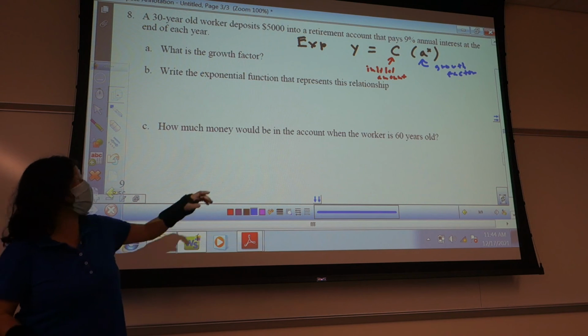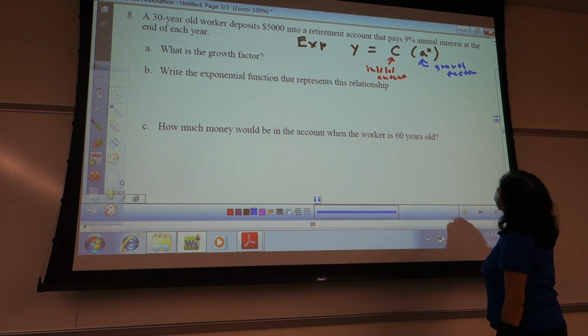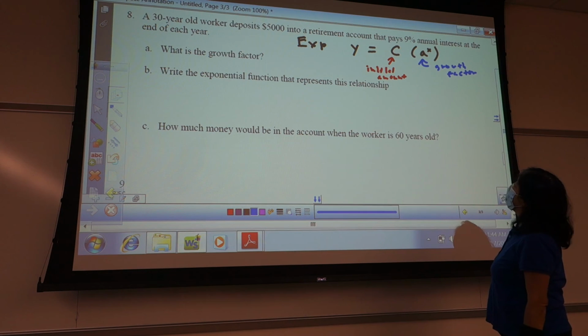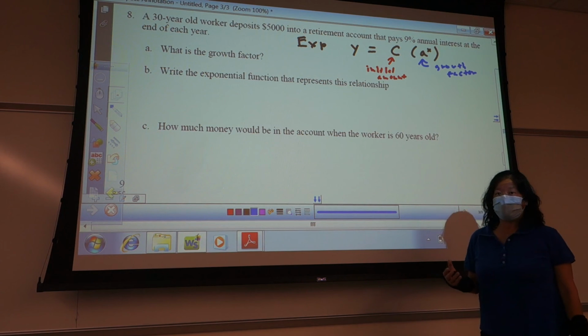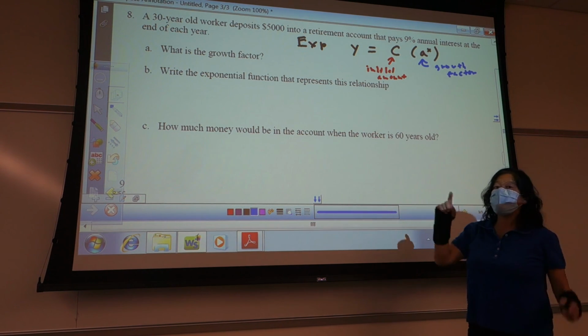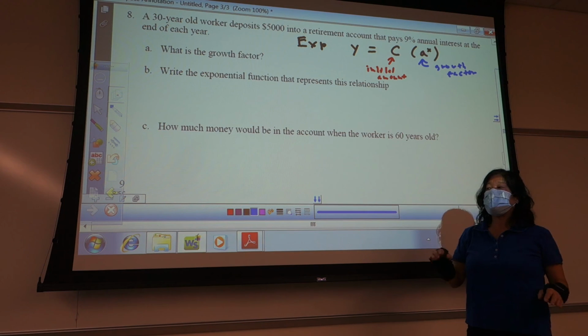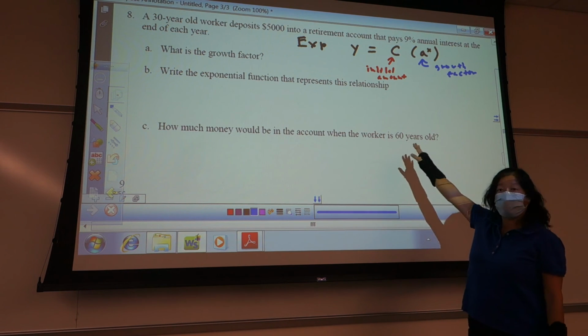What's the multiplier? I don't know what you mean by multiplier. Do you mean the C or the A? C and A are numbers. They're fixed. They're constants. X and Y are the two variables, always the two things that vary. C and A are numbers you need to find that stay put for this whole problem.